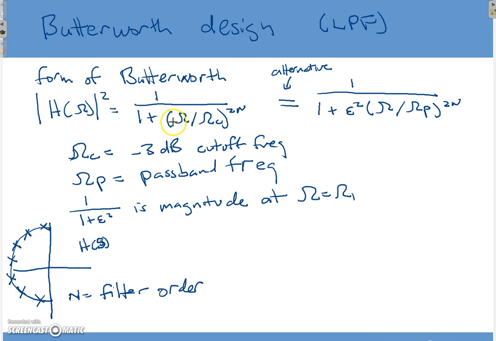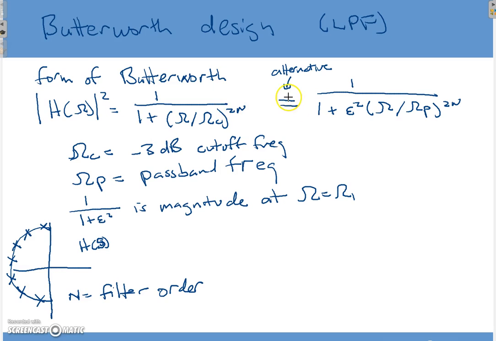It basically says, if you know your frequency, if you know the filter order, and if you know the cutoff frequency, then you can calculate the magnitude. It turns out that Butterworth filters look something like this. In H of s, the s transform, they have a bunch of poles on a circle like this, and there'll be one pole for every filter order. So you basically count the poles.